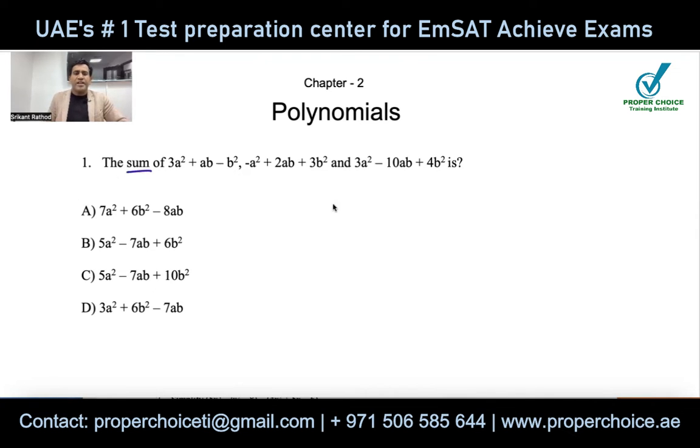When it comes to addition of polynomials, rather than writing one term below another and then adding like we used to do for numbers, just combine the like terms. Addition of polynomials is simply combining the like terms and summing them up. Which terms do we call like terms? For example, 3x square y and minus 5x square y are like terms.